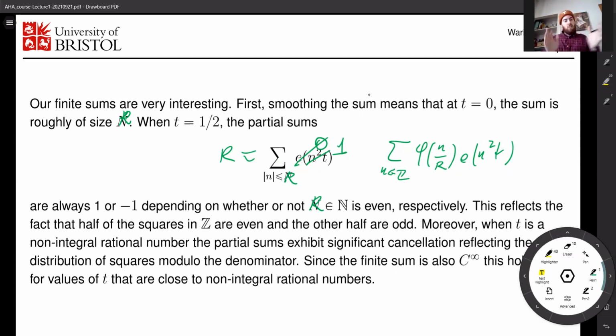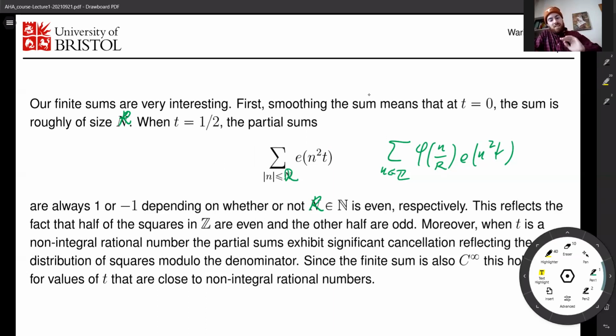But if I move sufficiently far away, say I take t equal to 1/2, then that sum is actually always small. This sum is always 1 or minus 1, which is vastly smaller than r, depending on whether r is even or odd.